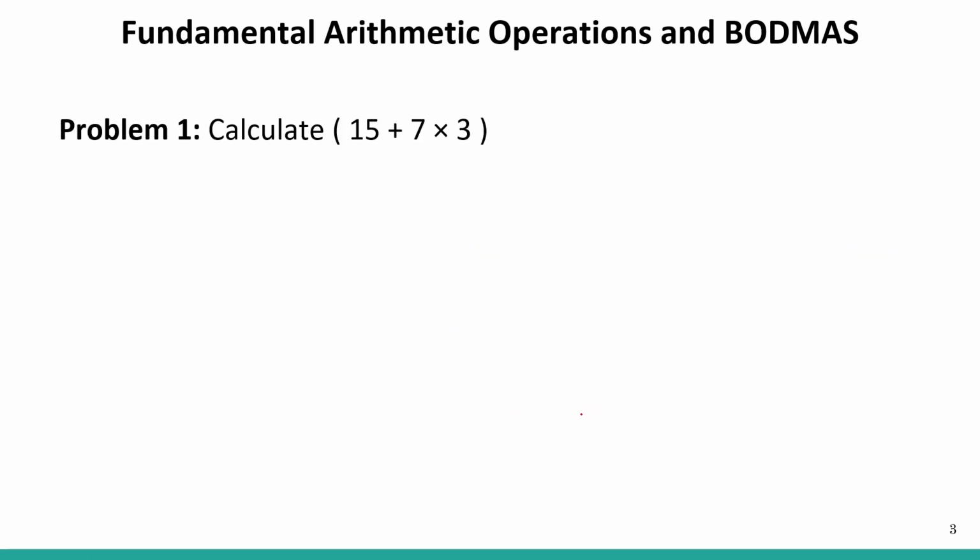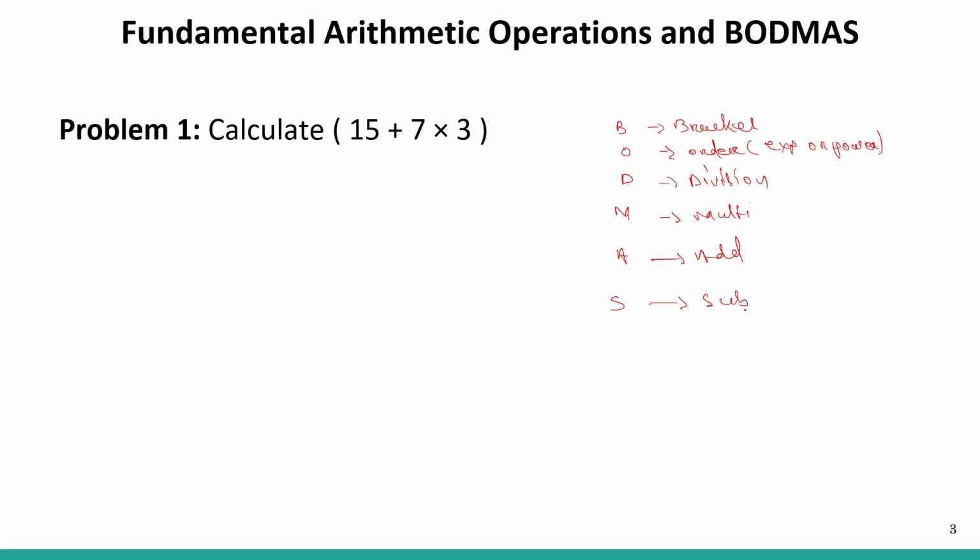Let's calculate 15 plus 7 into 3. Let's remember the BODMAS rule first: brackets, order, that is exponent or power, D for division, M for multiplication, A for addition, and S for subtraction.